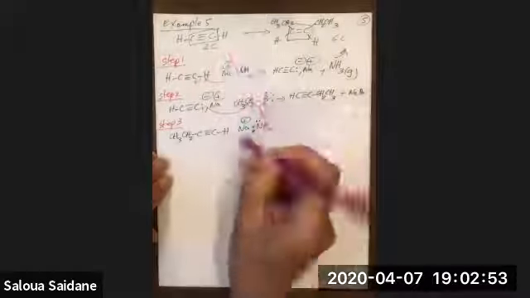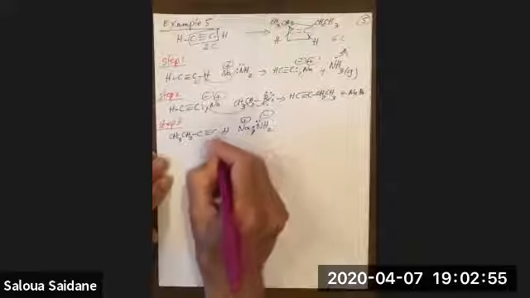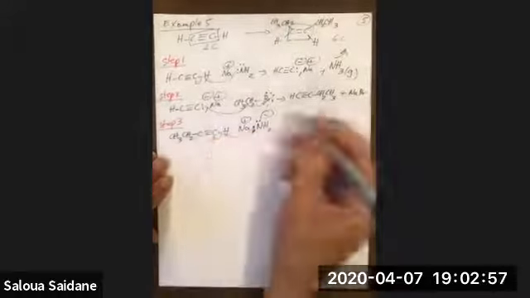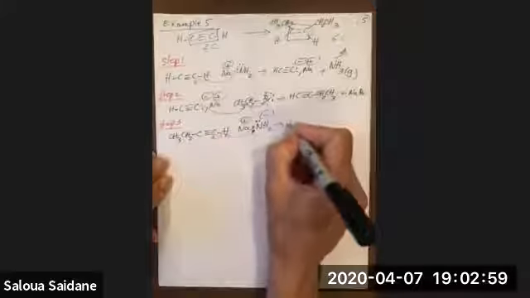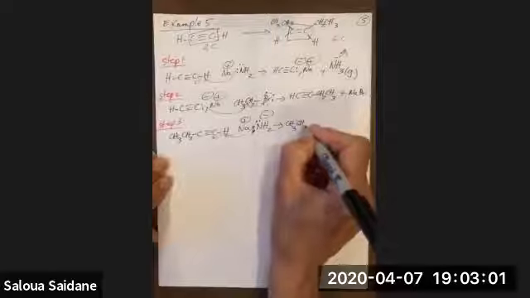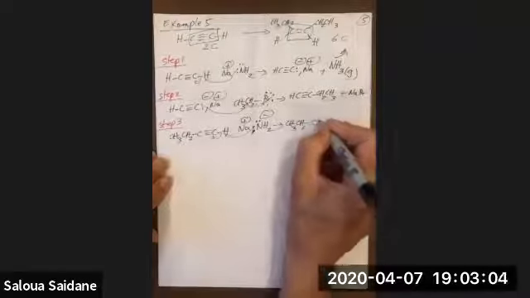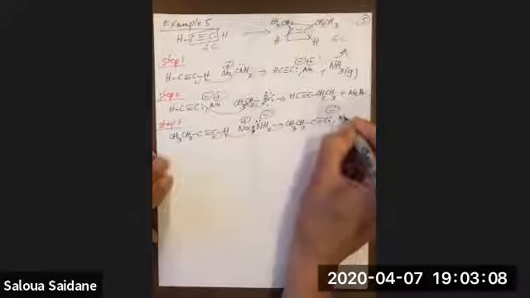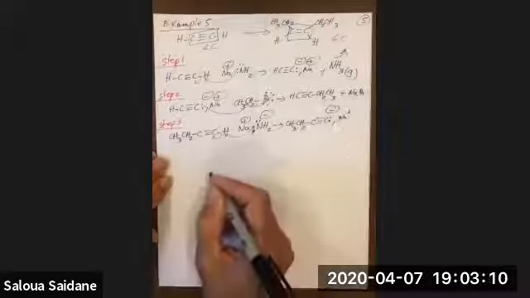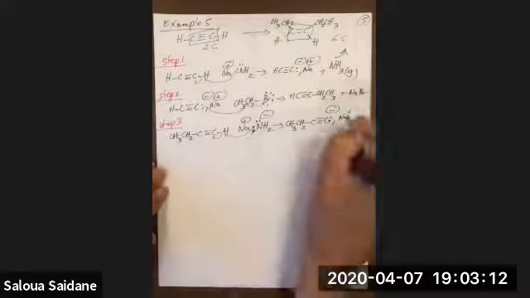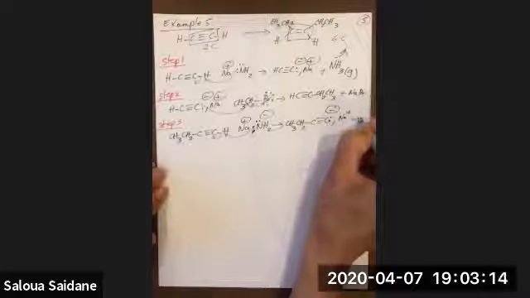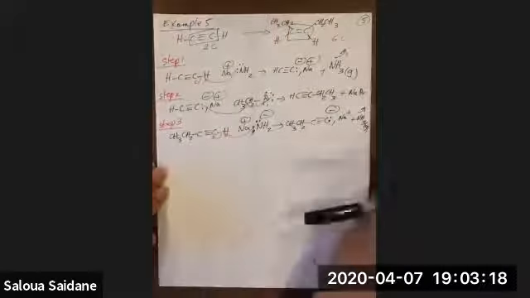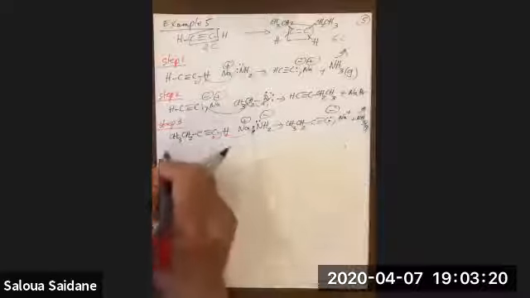Just like we did here, this will take this H, this opens. So we're creating another acetylide ion, plus NH3. And now this acetylide ion, we are ready to add more carbons there.